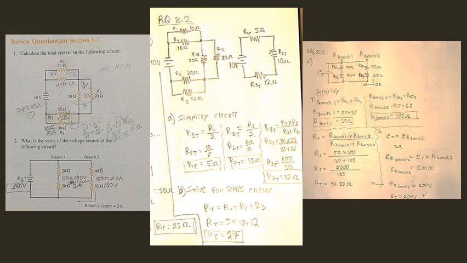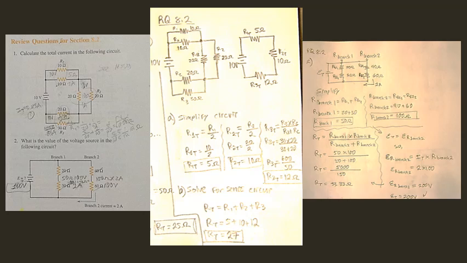And for the third resistor, R3 total, we have 2 resistors of unequal value, so we can use the product over the sum formula, which in this case is 30 times 20 divided by 30 plus 20, which is 600 over 50, which is 12 ohms.